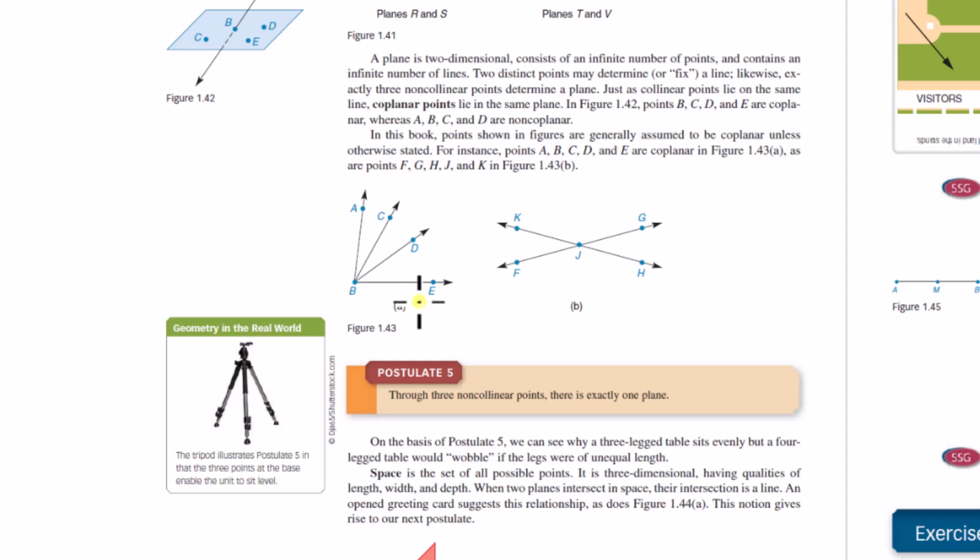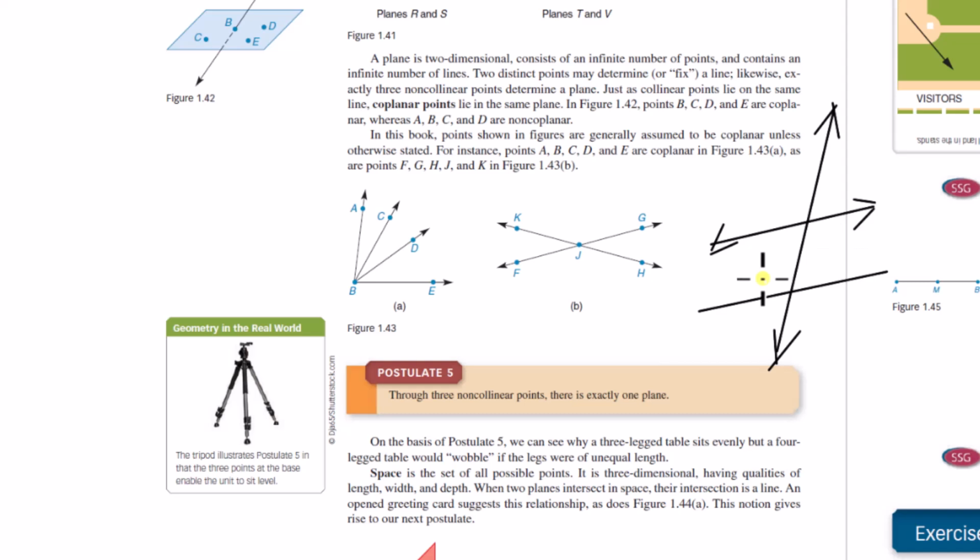And if that's the case, then the points are coplanar. For example, we're going to be studying in the second or third chapter properties of parallel lines with transversals going through the lines. So you have parallel lines and transversals, and we're going to be studying the angle relationships here for the entire chapter.